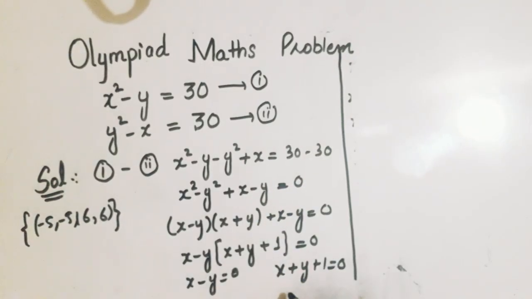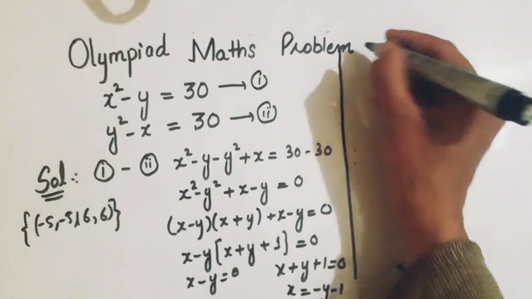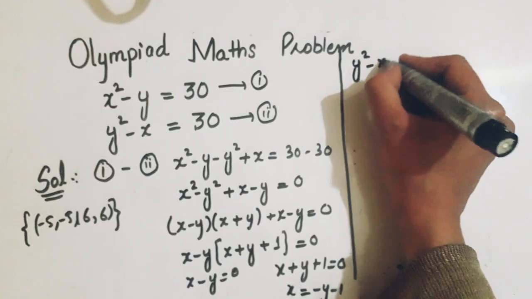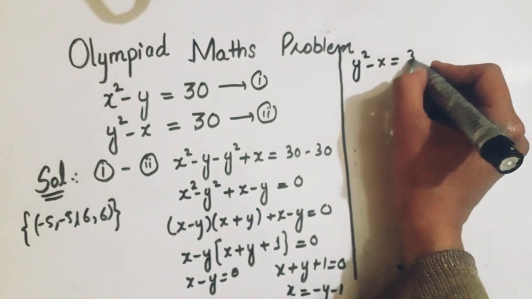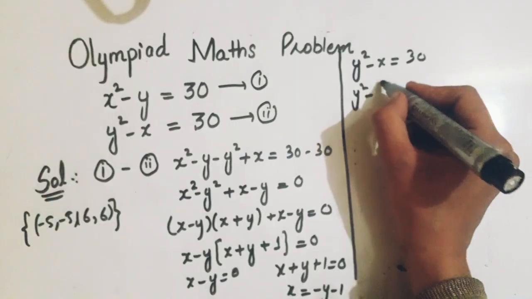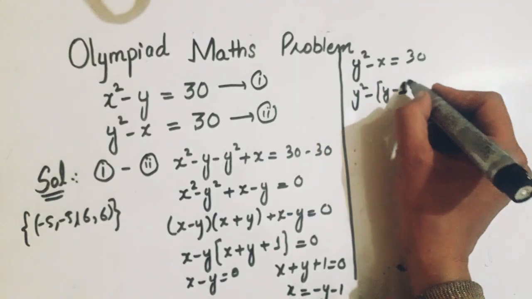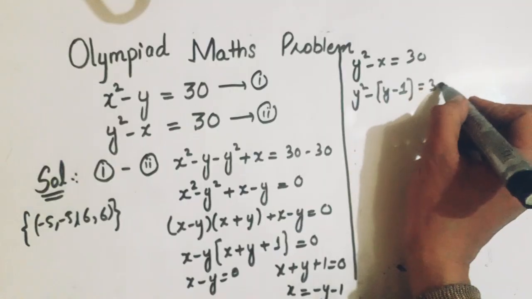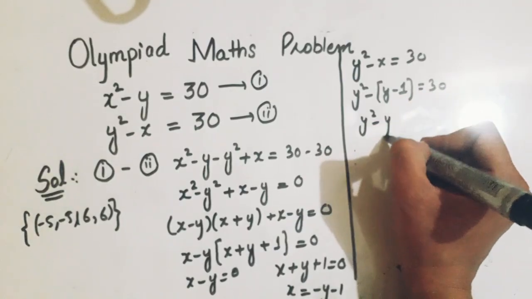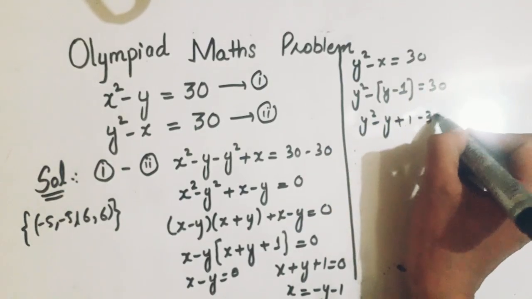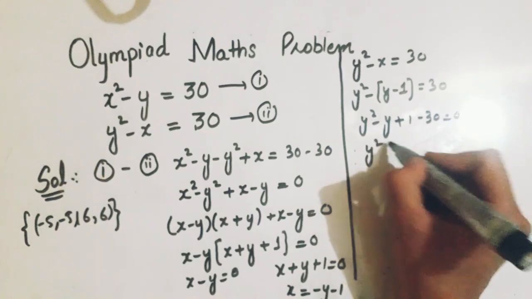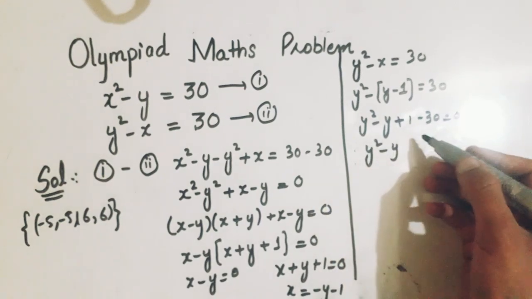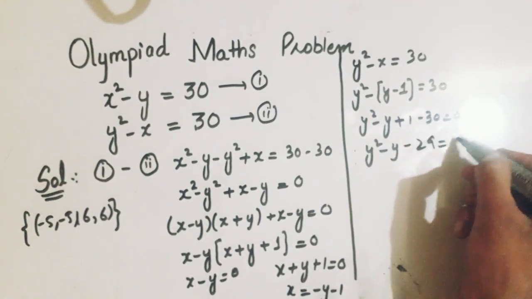From this we get x equals minus y minus 1. So y square minus x equals 30. In place of x we will substitute minus y minus 1. So we get y square plus y plus 1 minus 30 equals 0. So y square plus y minus 29 equals 0.